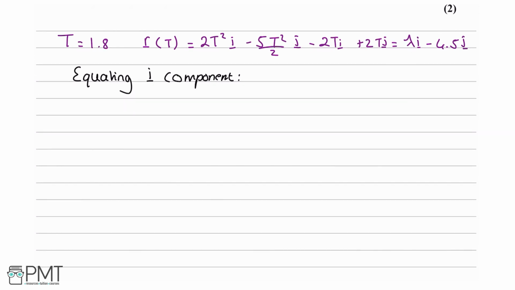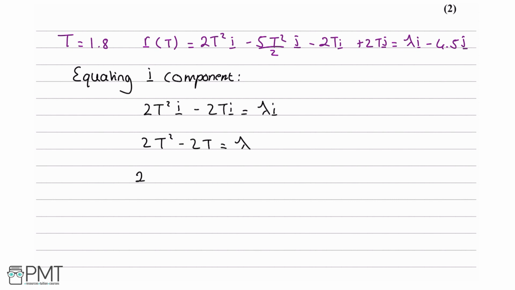What we'll say is that 2t squared i minus 2ti equals lambda i. From here, we can cancel all of our i's to get that 2t squared minus 2t equals lambda.